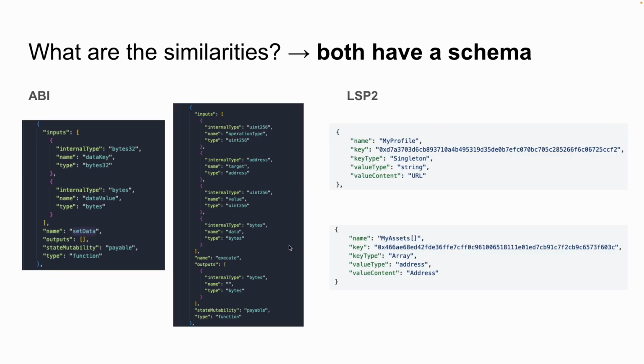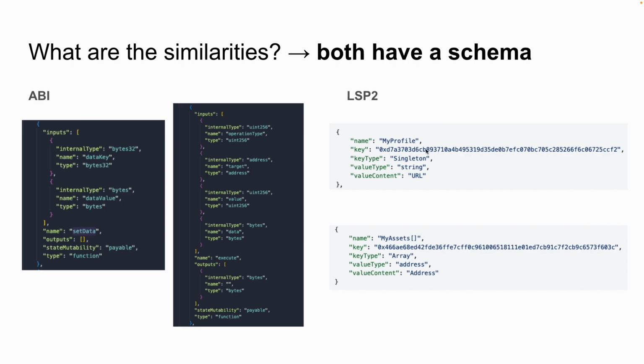And similarly, LSP2 for the data inside the ERC725Y storage also has a schema where you have the raw data key, which is the bytes32 data key that the contract can understand, where data is stored under the hood, and the name of the data key, which is the human readable representation of the data key.